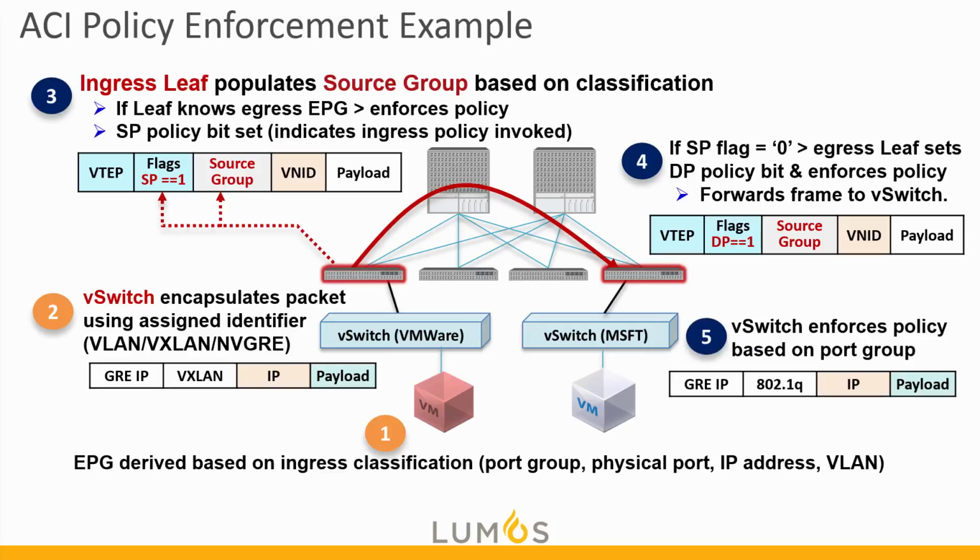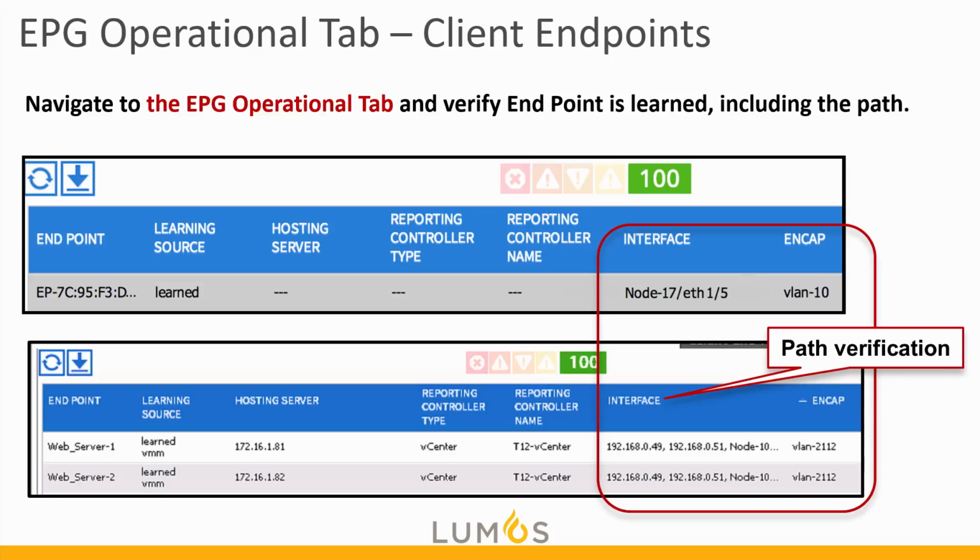Now, in the web user interface, if you navigate to the EPG Operational tab, which we'll be taking a look at in detail in the demonstration, we can verify that the endpoint is learned. So this is when we click on the EPG, and then over in the right work pane or properties pane, we click on the Operational tab. From there, we can see whether the VM was learned, and we can also see what path or port.